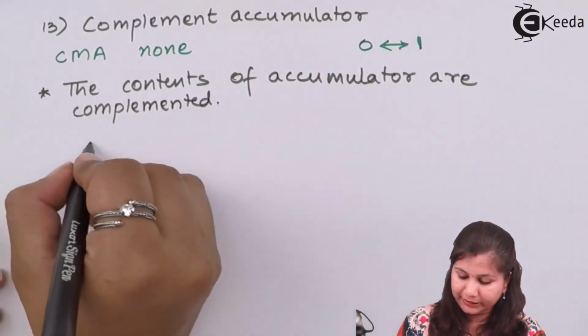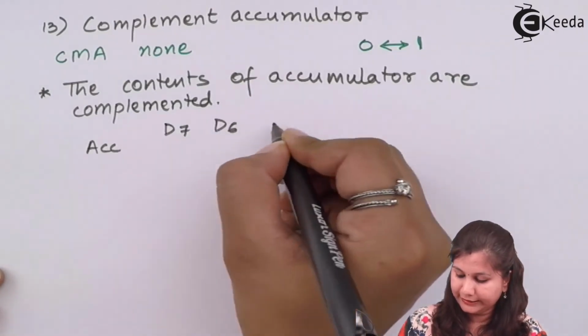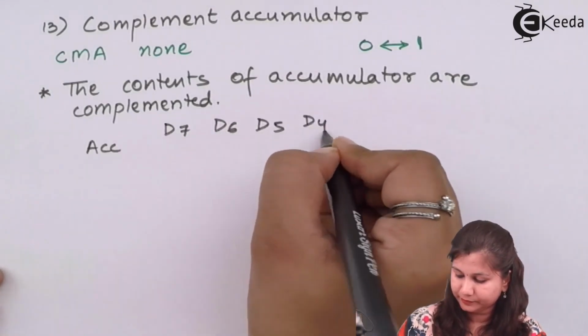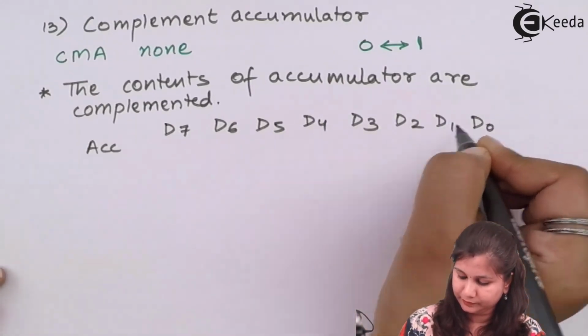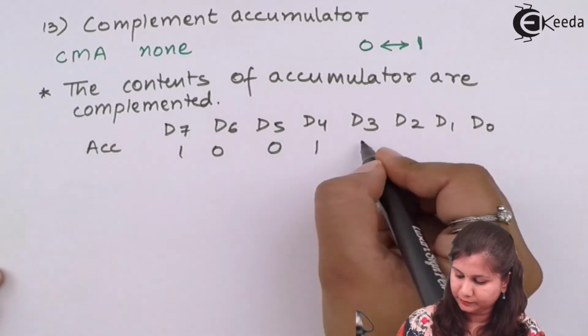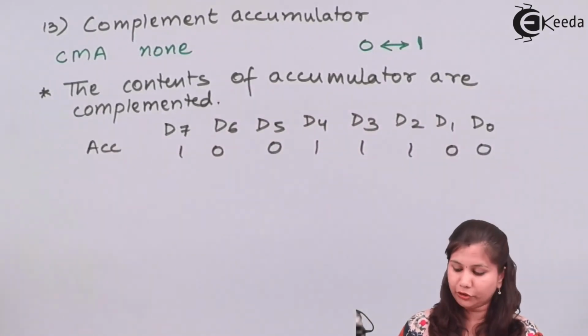Suppose that the accumulator has the contents shown. This is the content of the accumulator.